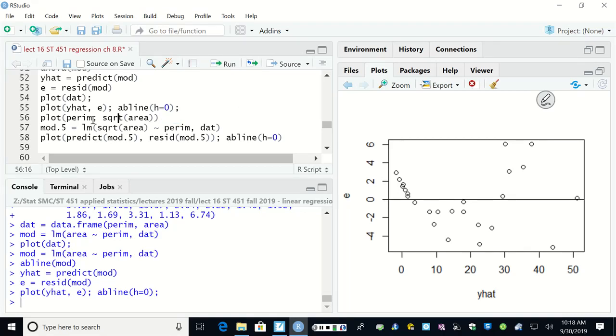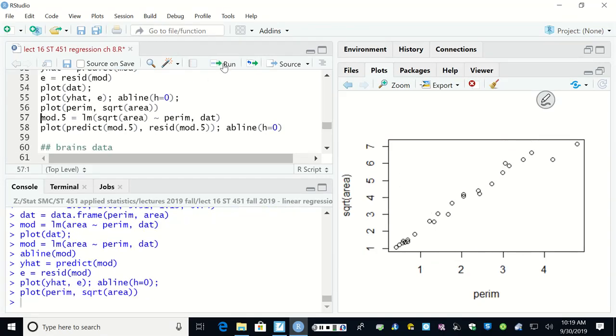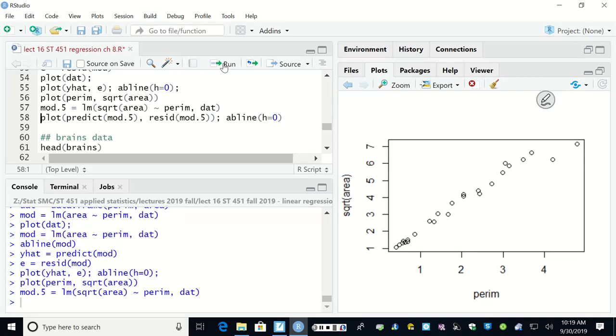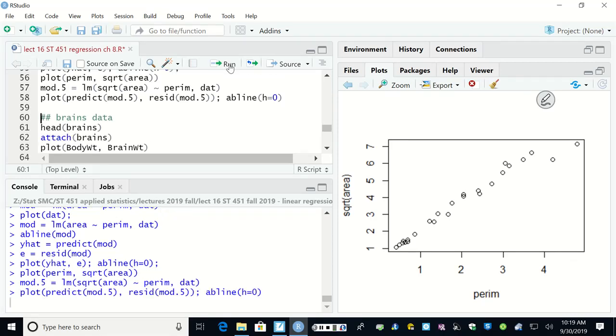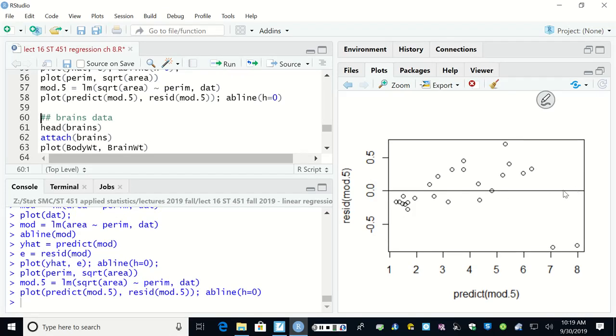So, thinking about this, perimeter is in one dimension, and the other one's in two dimensions. So maybe square root, or maybe taking logs would do it. If you do square roots, this is the plot that you get. And if you run that model and then do the residual plot for that, some of that pattern is gone.